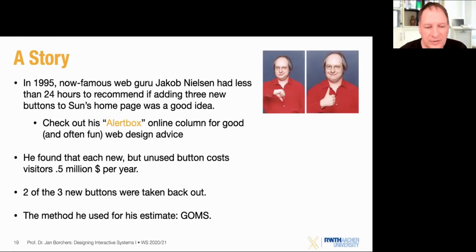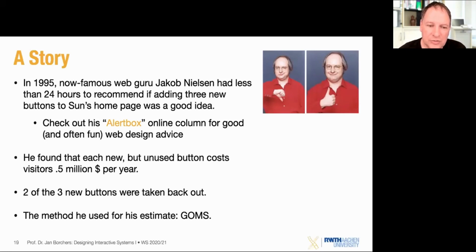And so he found that every new button that was added but not used would cost visitors of the homepage, based on the visiting statistics that they had, an accumulated $500,000 per year. This led to the company then, on the next day when Jakob reported these results, to remove 2 of the 3 new proposed buttons from their homepage design that they had planned to include.